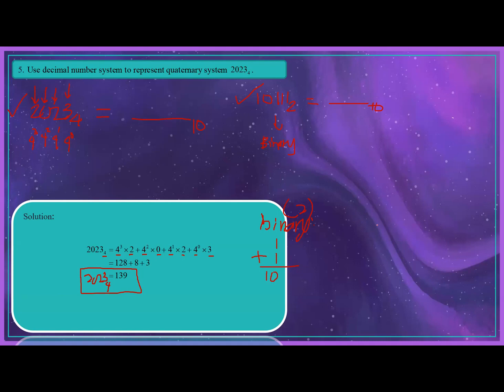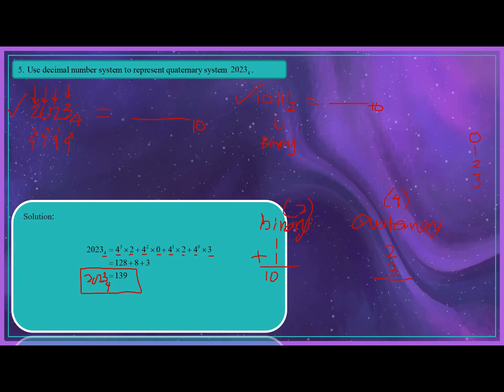And in quaternary, so we have base 4. Okay. Basically, if we have 2 plus 3, so that should be 5. Okay. So that's not the case because in quaternary numbers, our first number will be 0, then 1, 2, then 3.